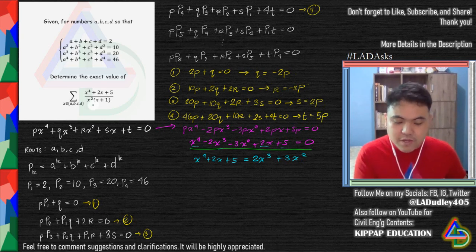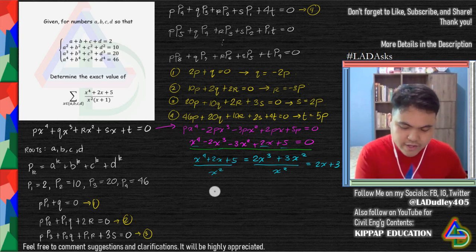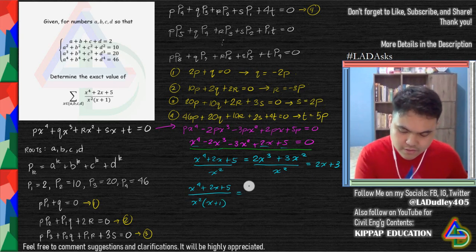Meron ngayong x squared times x plus 1. So, divide muna natin by x squared. So, this right-hand side will be 2x plus 3. Divide ulit natin by x plus 1. So, we have x to the fourth plus 2x plus 5 all over x squared times x plus 1 equals 2x plus 3 all over x plus 1.